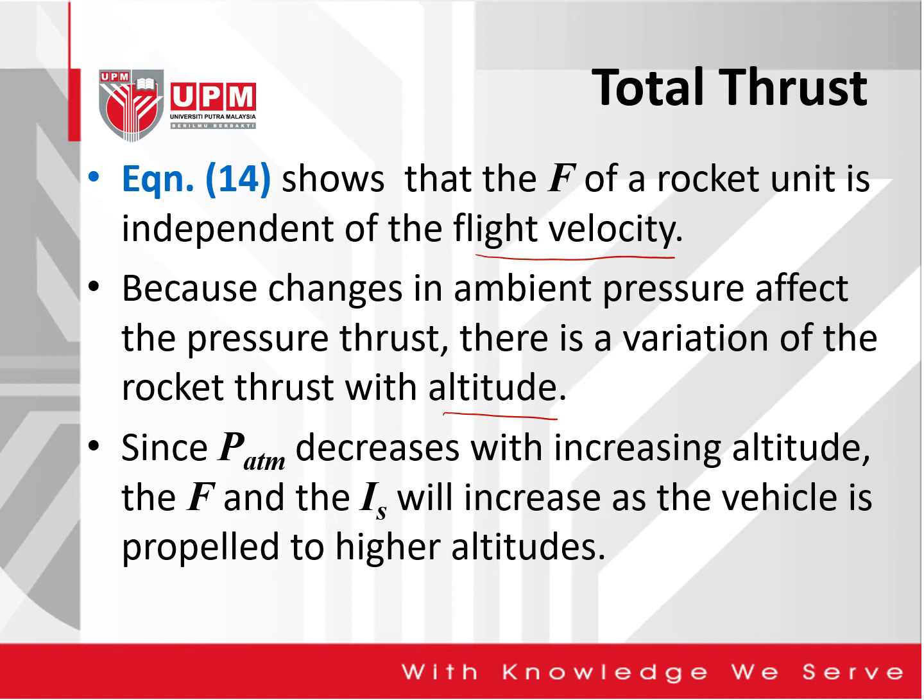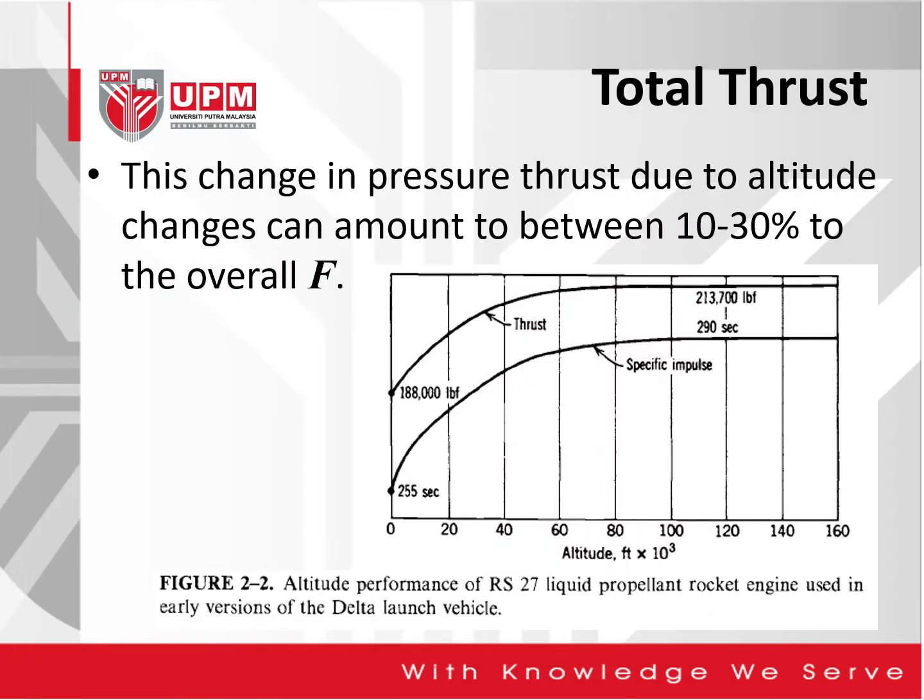Since atmospheric pressure decreases with increasing altitude, the thrust and the specific impulse will increase as the vehicle is propelled to higher altitudes. This change in pressure thrust due to altitude changes can amount to between 10 to 30% of the overall thrust.